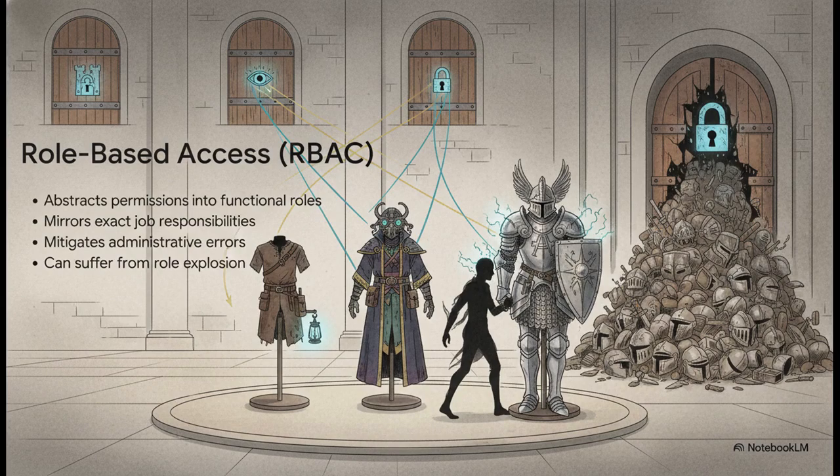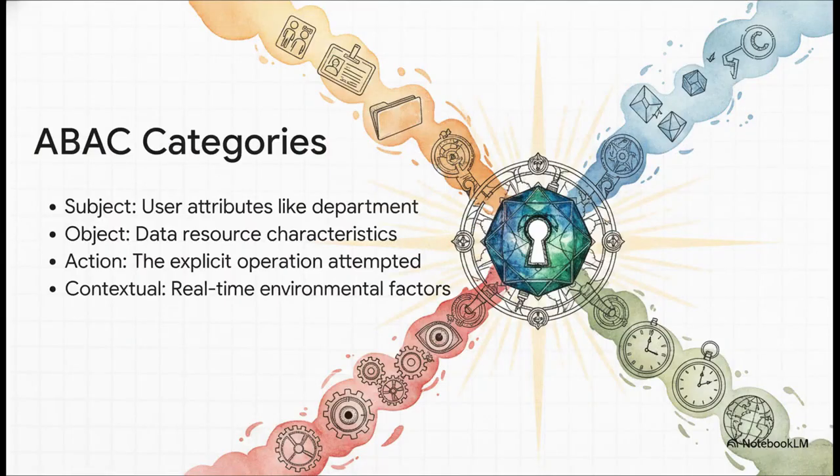It dramatically mitigates administrative errors. However, and this is a big however, in massive, highly complex global environments, RBAC can suffer from something called role explosion. That's where the number of unique roles actually outpaces the number of users. So, to solve the limitations of roles, we reach the absolute apex of modern zero-trust authorization theory: attribute-based access control, or ABAC.